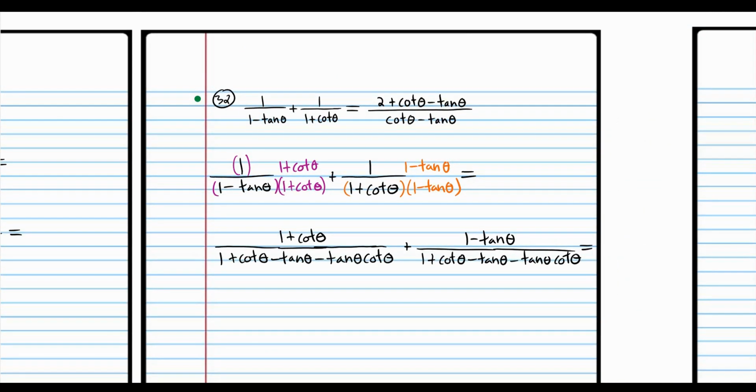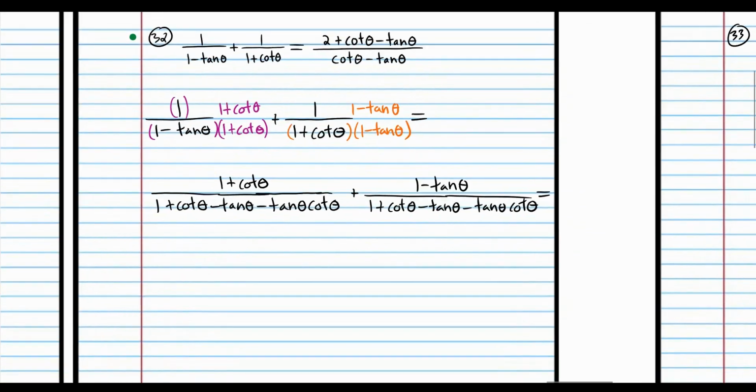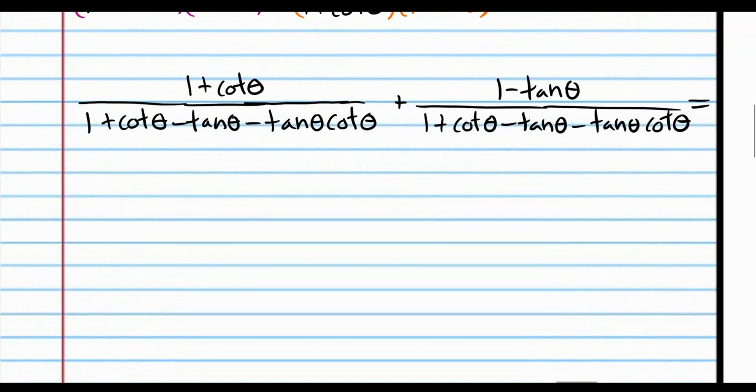We try to line up the equal sign, but sometimes it's not really practical. Okay, so now we're going to add up the fractions because we have a common denominator, and we get 2 plus cotangent theta minus tangent theta.